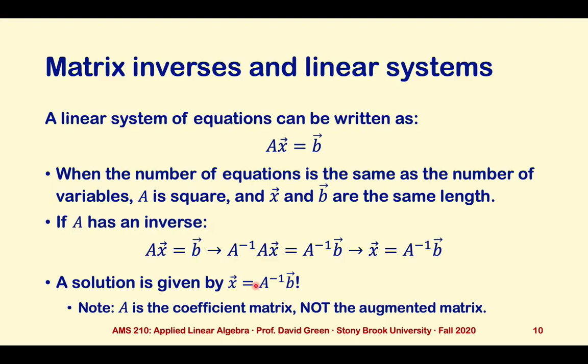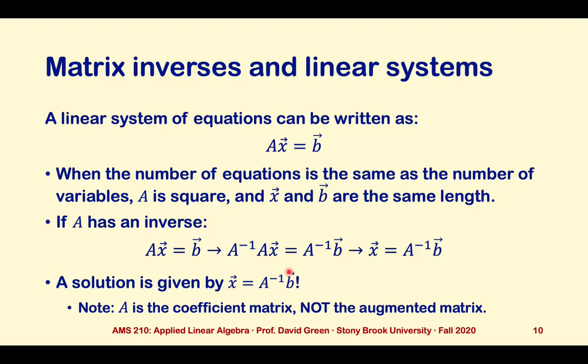The inverse gives us a solution just by multiplying by our right-hand side. Keep in mind in doing this, A here is the coefficient matrix, not the augmented matrix. It does not include the right-hand sides as part of it.